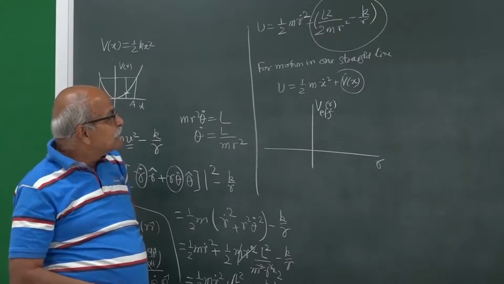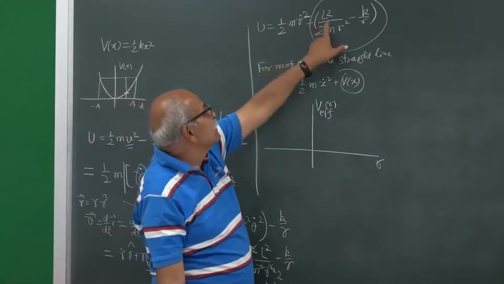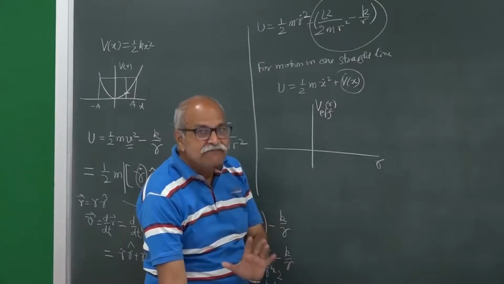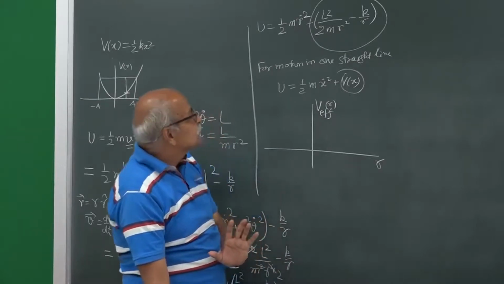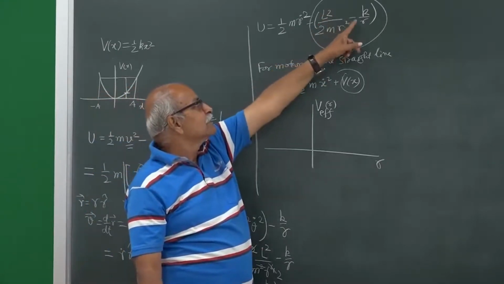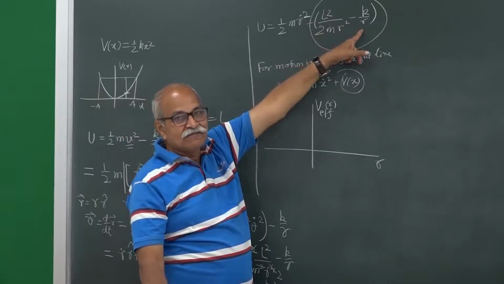The actual plot will depend on the actual values of L, m and k, but we can still get information about the shape. There are two terms here, one proportional to 1 by r square, another proportional to 1 by r.